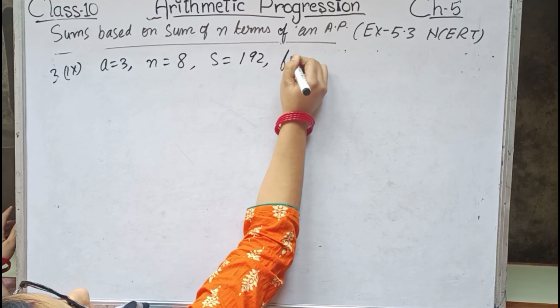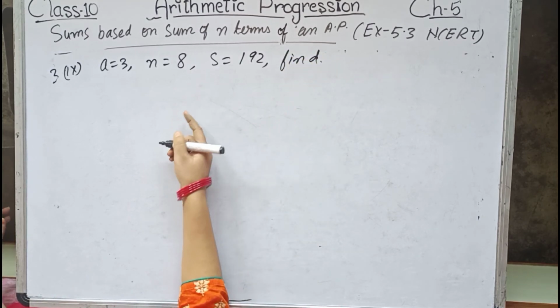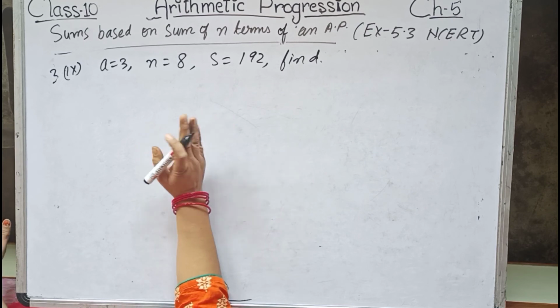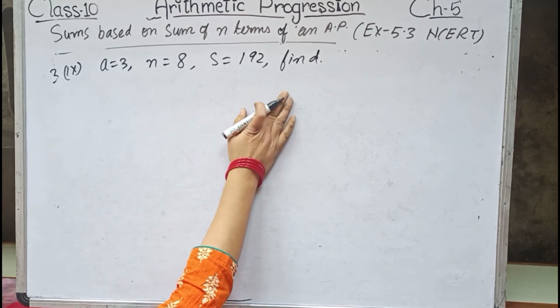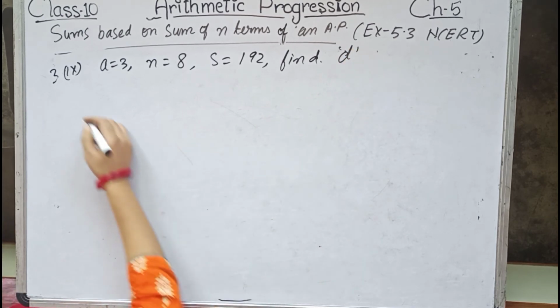We have to find D. Now Sn also is not given here, so you can understand it as Sn. What do we have to find? Find D, the common difference.